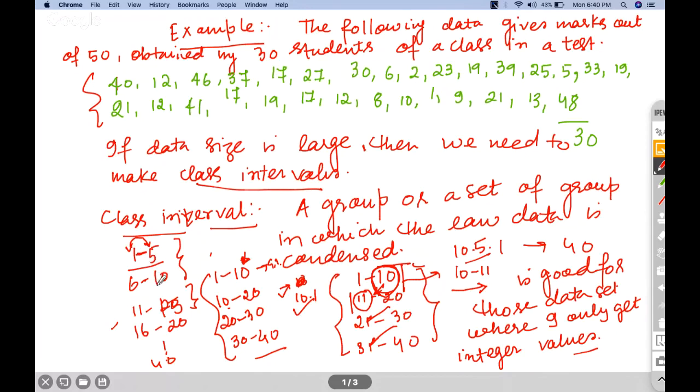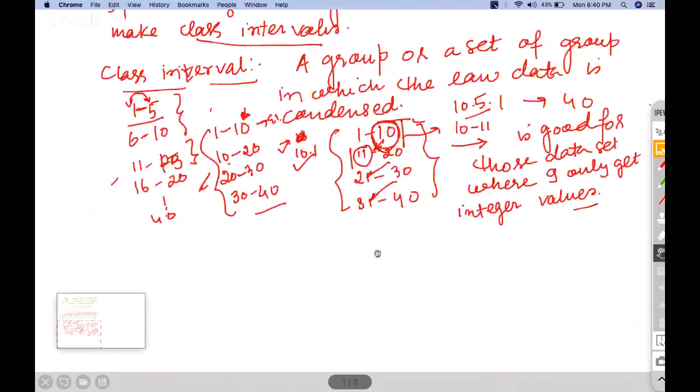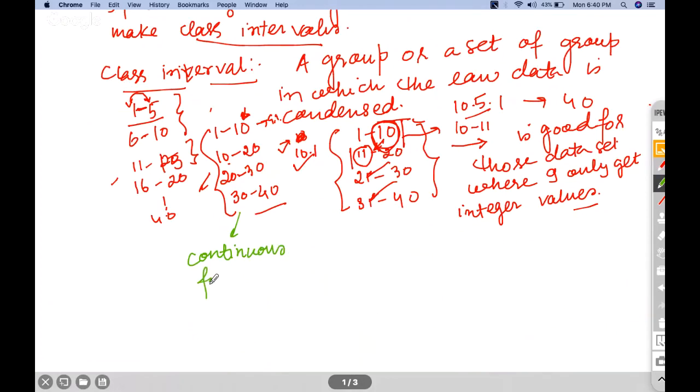So try to understand that this kind of arrangement, where I don't leave any gap between the class intervals, is known as continuous form or exclusive form.